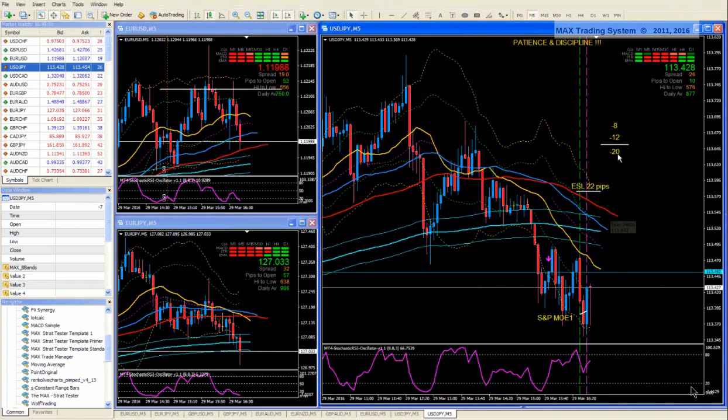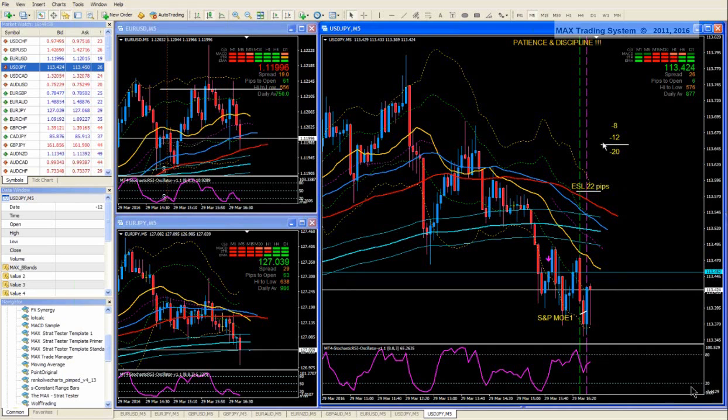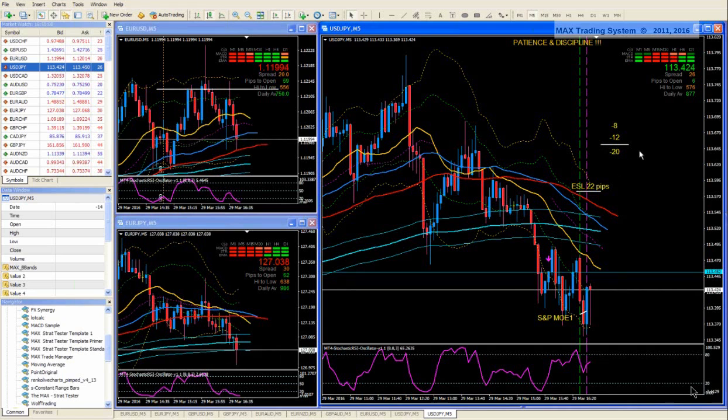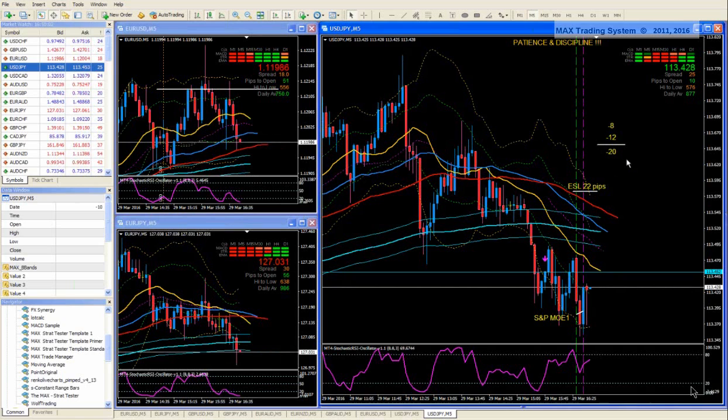These 20 pips loss would represent, because the stop loss is 22 pips, a negative reward to risk ratio of how much? In order to have the average size of the trade, we have to divide these 20 pips by 2, so 10 pips, and then we divide it by the size of the stop loss, 22 pips.